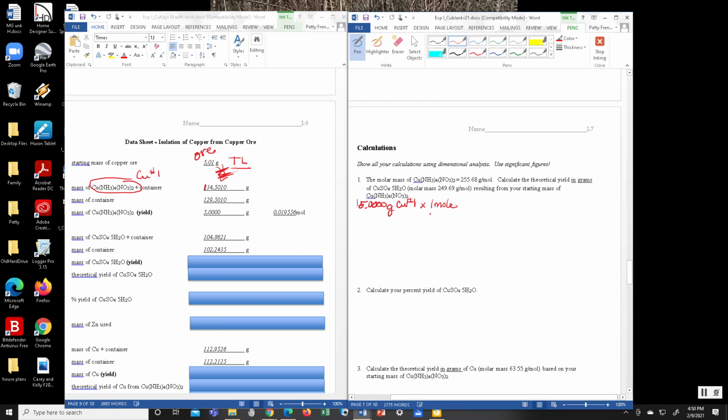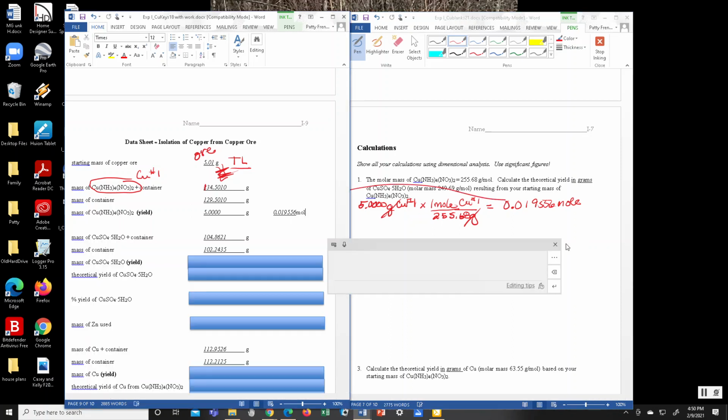We're doing our stoichiometry, going to the moles. Copper number 1, 1 mole per 255.68 grams. Now we're going to stop there because we needed to fill this in. And that we did. It went right over into this spot.